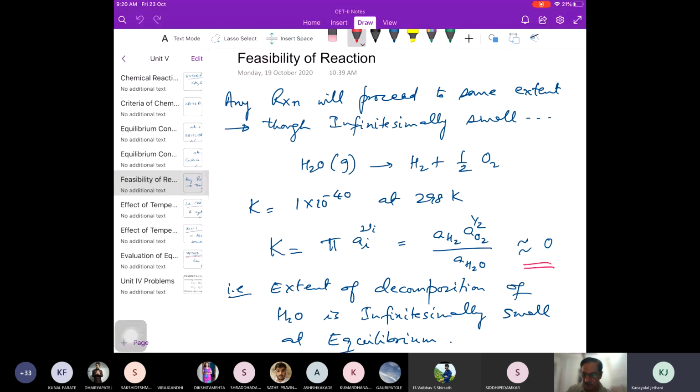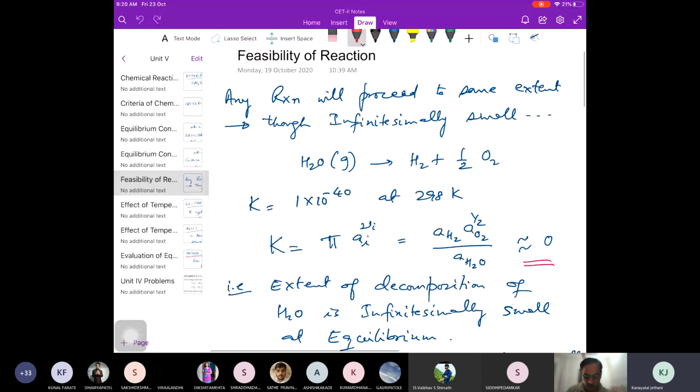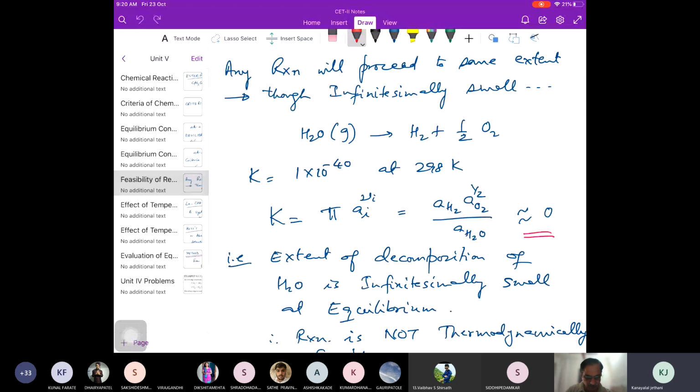And if we talk about any reaction, the extent may be very small. If we take water and talk about decomposition of water into hydrogen and oxygen, the value of K at 298 Kelvin, at room temperature, is 1 into 10 to the power of minus 40. And K is defined as pi of ai raised to the power of nu i. That means for this reaction, K is equal to activity of hydrogen into activity of oxygen raised to the power of half, divided by activity of water.